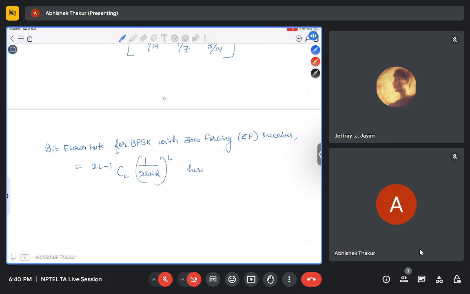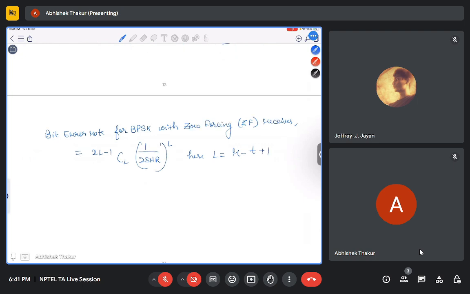Here substitute L is equal to number of receive antenna minus number of transmit antenna plus 1. So we will get 2(R minus T plus 1) minus 1 C (R minus T plus 1), 1 by 2 of SNR to the power of L. Here L will also be R minus T plus 1.